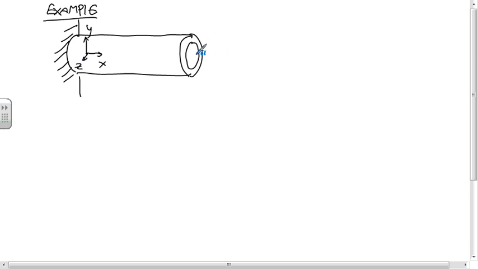And let's say that there's a torsion on this side of 15,000 Newton meters. And let's calculate, at the middle of this thing, the shear stress at 2 points. First, A here, and second, B here.